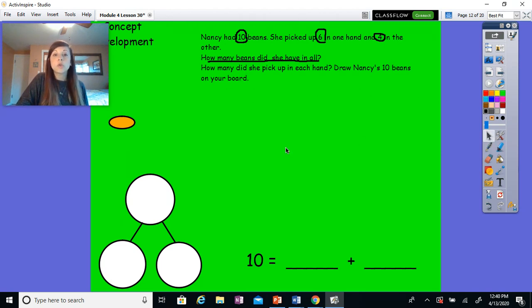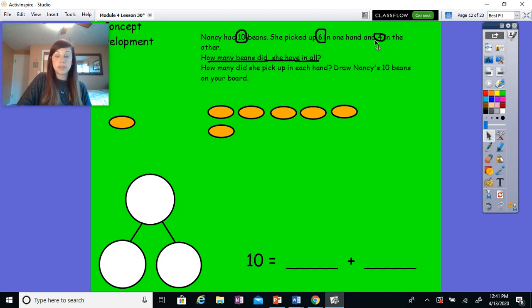Okay, so I'm going to use this little picture here for my beans, and it says that she picked up 6 in one hand, so help me count up 6. And I'm going to draw it the 5 group way. So remember, when we get to 5, we need to go down to the next line. 1, 2, 3, 4, 5, 6.